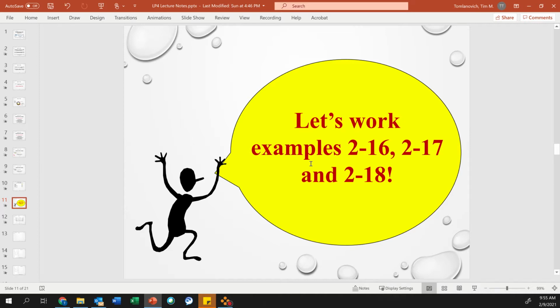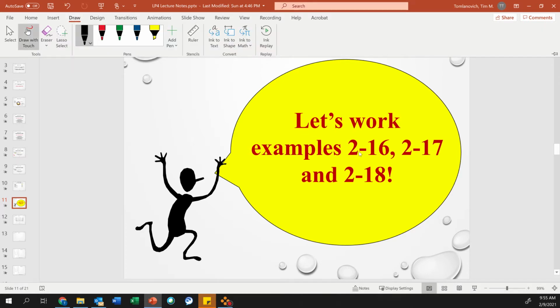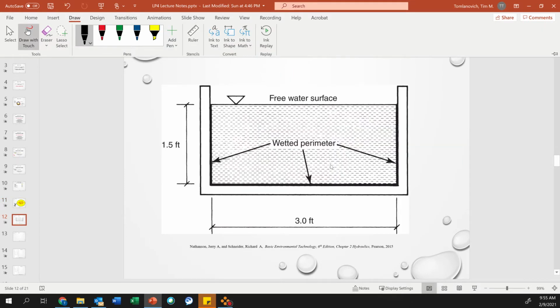Okay, I'll read these problems out to you. So let me get my pen going here. Problem 216, a rectangular drainage channel is 3 feet wide and is lined with concrete, as illustrated in figure 2.20, which you're seeing on your screen right now.